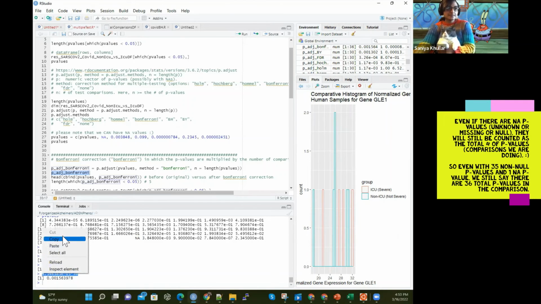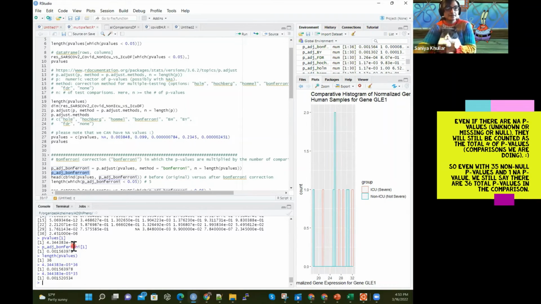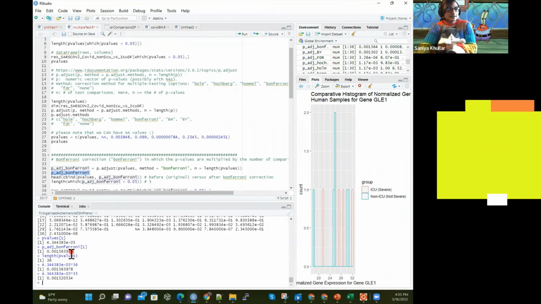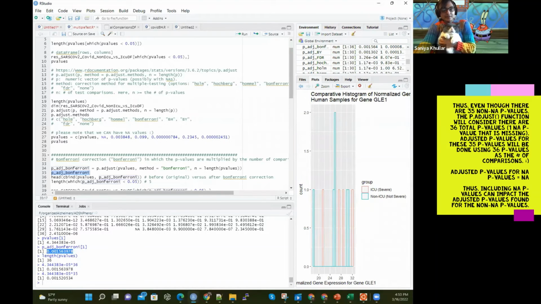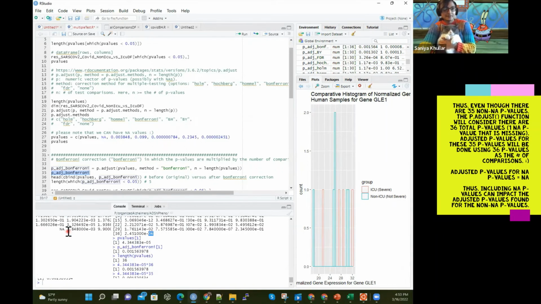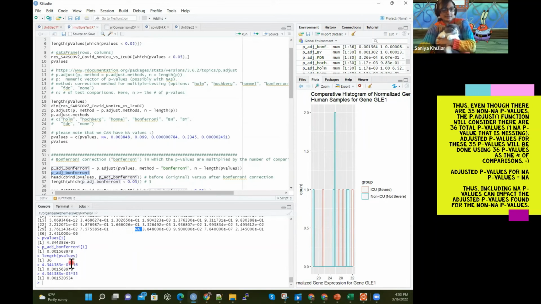So if you try to do this and multiply it by 35, saying, oh, 35 are non-null, you would not get the result that they got here. So this is the Bonferroni value, which is matched exactly by multiplying all the p-values that we have, even if there is an NA here. Because if I take this original p-value of 4.344 times 10 to the negative 5, and I multiply it by 36, which is the number of p-values, I get the result for Bonferroni correction.